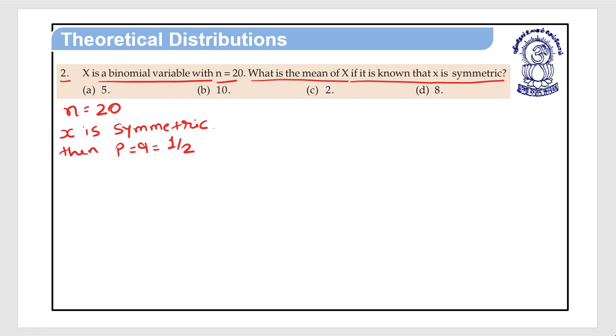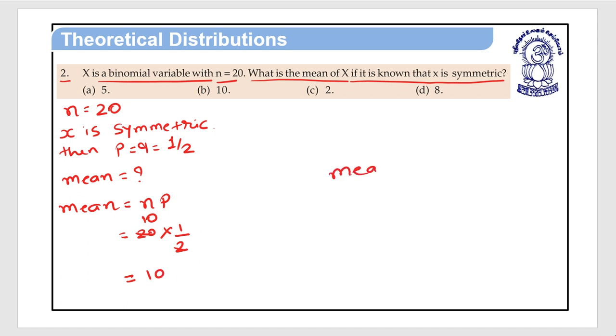What is the mean? So here we have to find out the mean. Mean means NP. Put the value of N and P into this formula NP, N 20 into P 1 by 2. 2 tens are 20, 10.